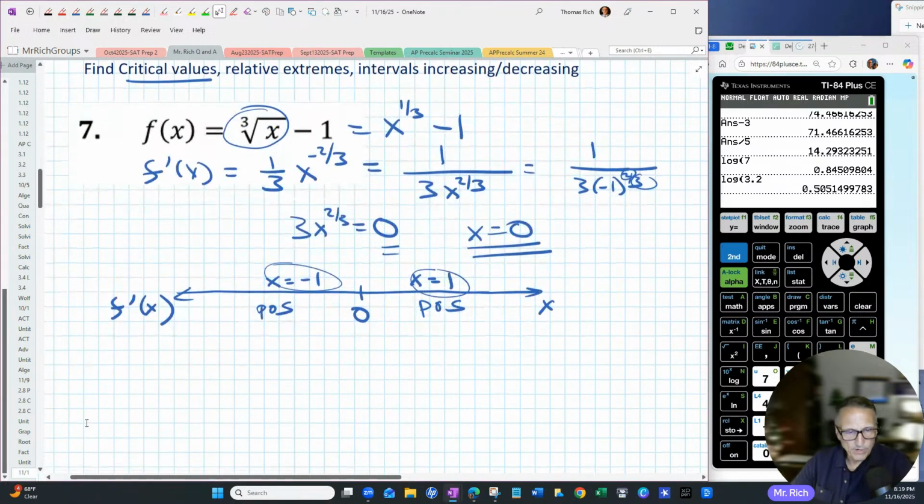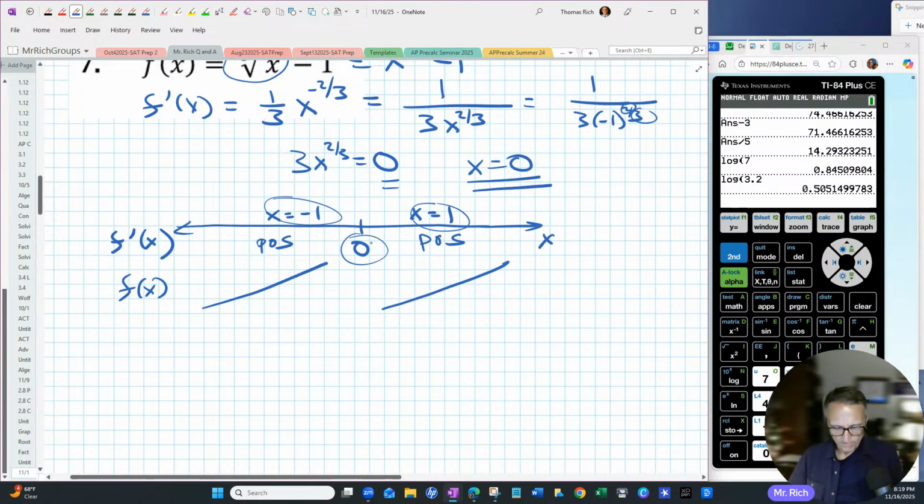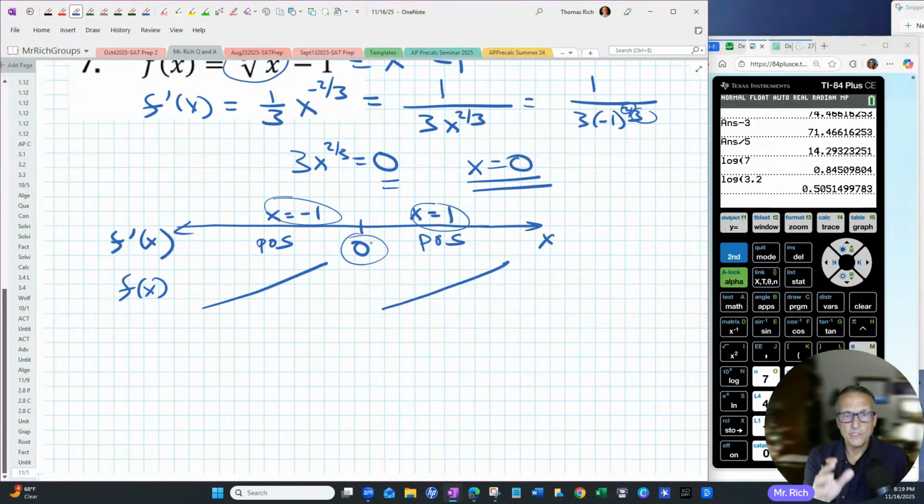And why do we want to know that? Because this tells me what the behavior is of f of x. It tells me that it was increasing over this entire interval from -infinity to 0, because the derivative is positive. Over here, the derivative is positive, so it's increasing. So as it turns out, although this is a critical value for f of x, it's not a relative min or max, because the definition of a relative extreme is where the function changes direction.